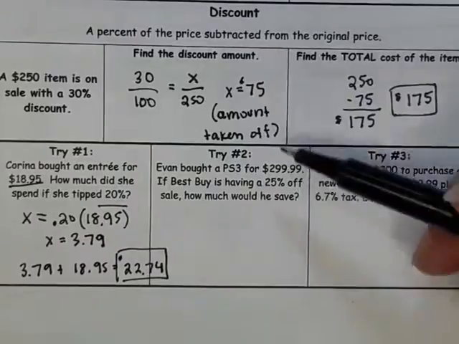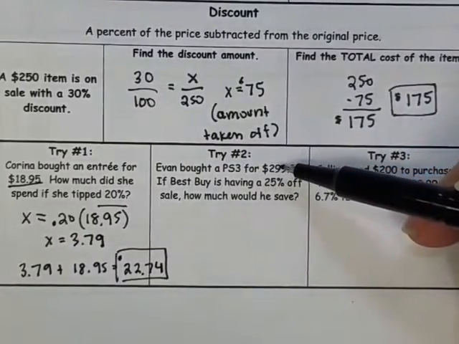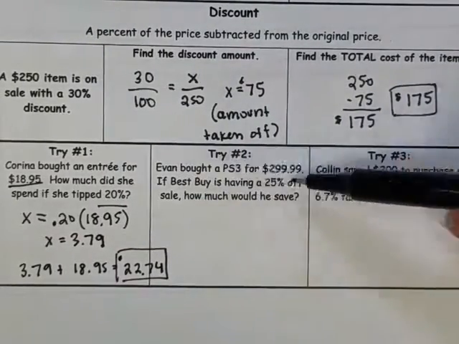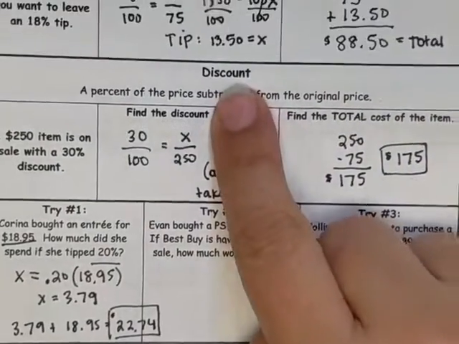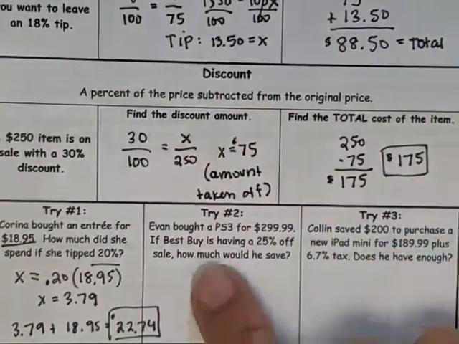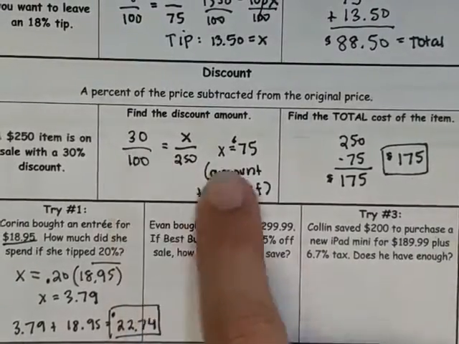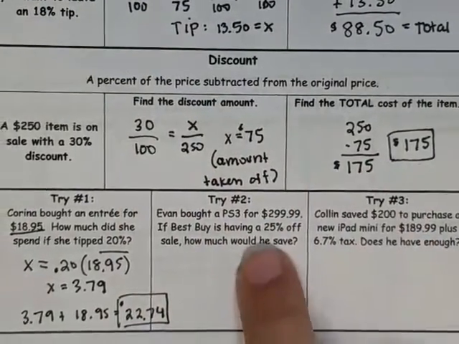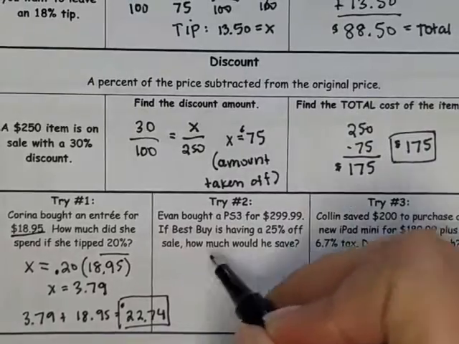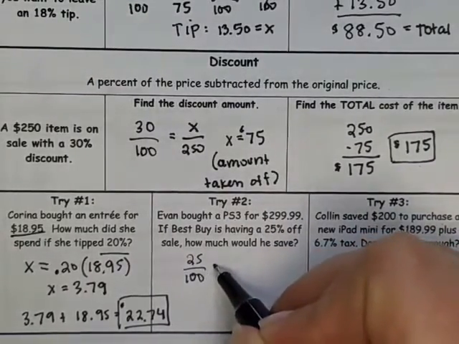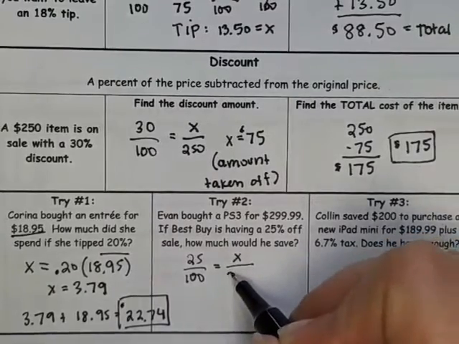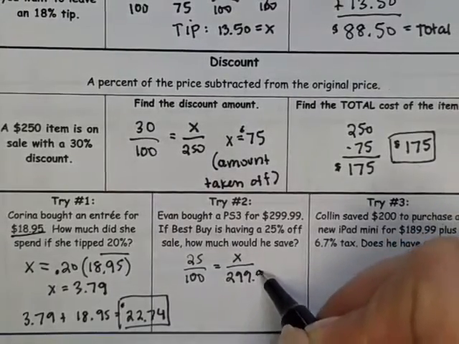Okay. Number two, Evan bought a PS3 for $299.99. If Best Buy is having 25% off sale, how much would he save? So this is back to the discount. So let's go back here and look at what we did. It looks like we found the percent and then we subtracted at the end. So we're going to take 25% out of 100 is what? Out of $299.99.